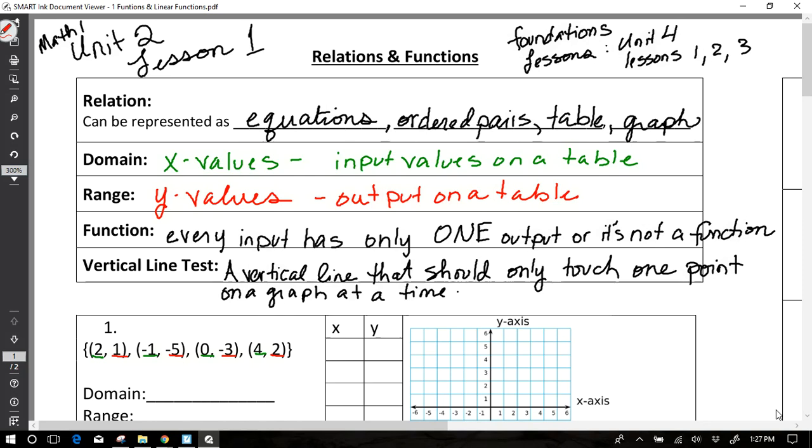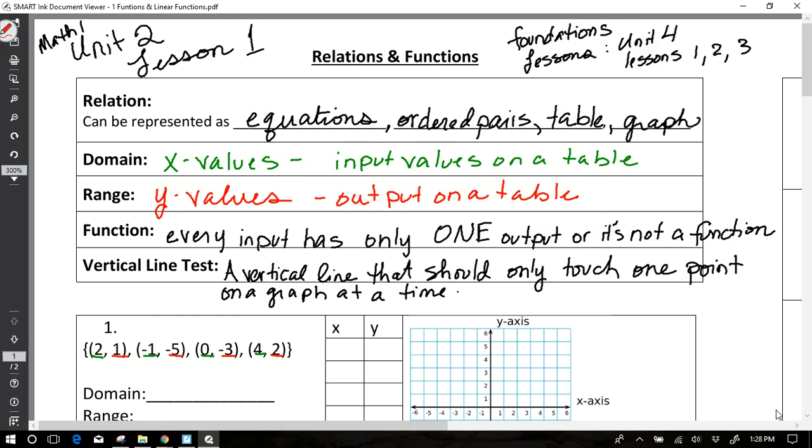And one easy way that we can tell if a relation is a function is if we graph those values by plotting the points on the coordinate plane and then try to use the vertical line test. If you draw a vertical line through every point in your relation, that vertical line should only touch one point. If it does not only touch one point, then it is not a function.